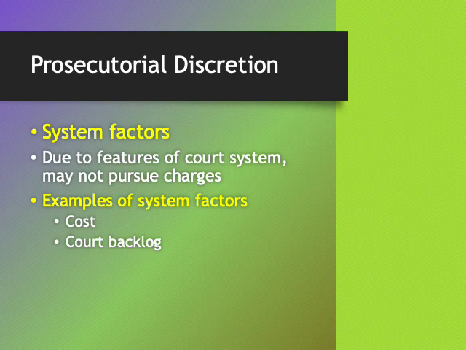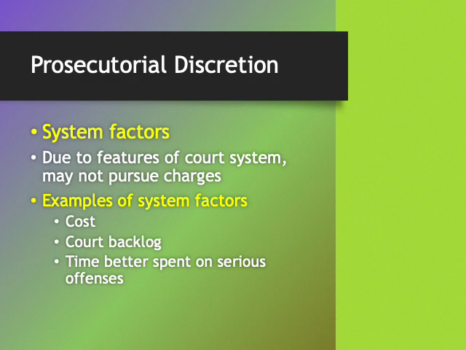You might look at how many courts are on the docket and how much backlog there is. So, we know that the wheels of justice move slowly, but when you have a huge court backlog, it may mean that it's going to take a long time for this case to get through the system. So that might be another factor. And also, if you are going to pursue charges, you have to assume that the other side is going to plead not guilty and you've got to prep for trial.